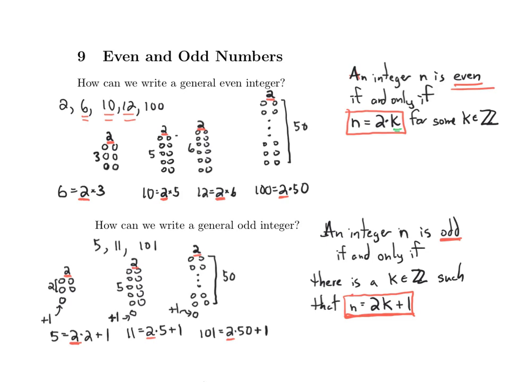If you introduce this variable k, tell people what it is. Well, k is just some integer. Always do that. Whenever you're introducing a variable, tell people what it is. And that is how to write even and odd numbers algebraically in general. And in the next few videos, we are going to use these a whole bunch so we can learn and practice our various proof techniques so far.